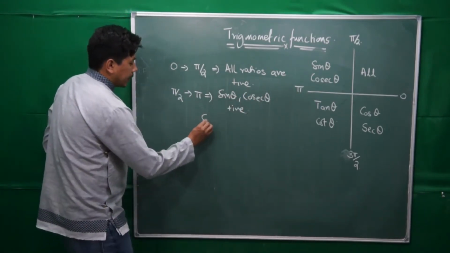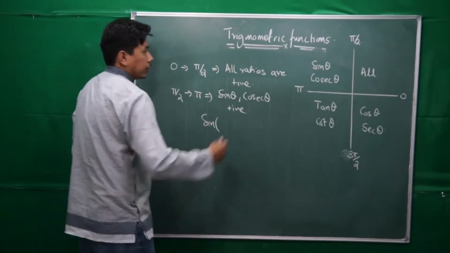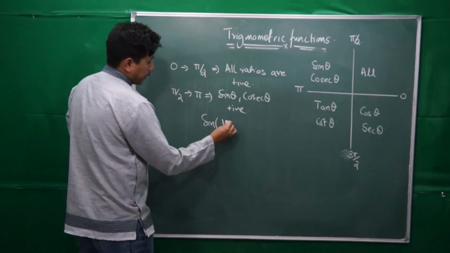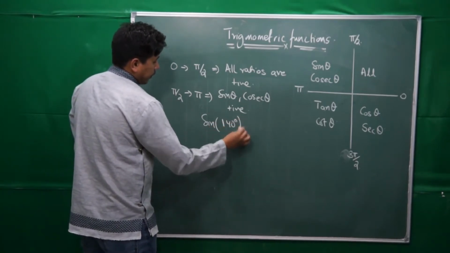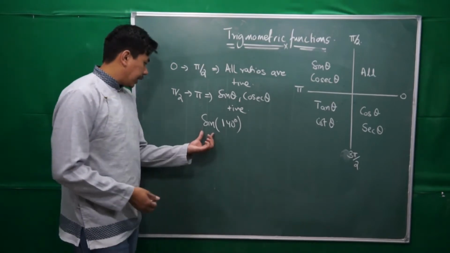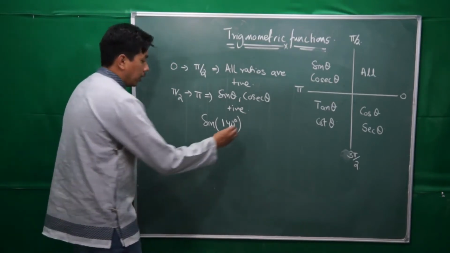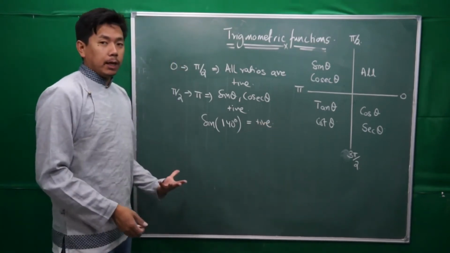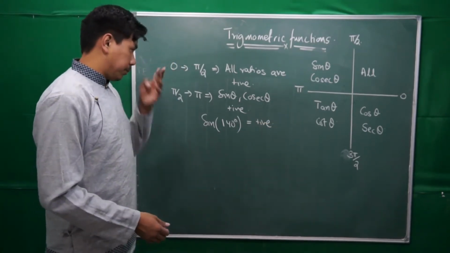All right. For example, take sine. Between 90 and 180 degrees, let's say 140 degrees. For sine 140 degrees, the trigonometric ratio would give an answer that is positive. This is what I'm trying to explain.